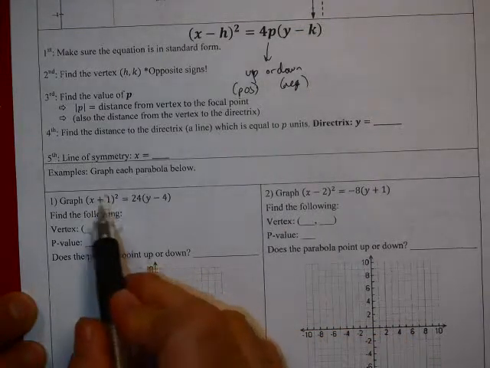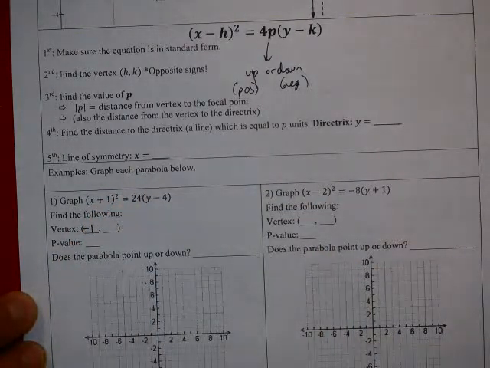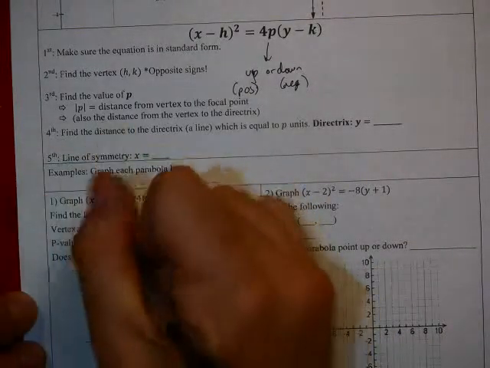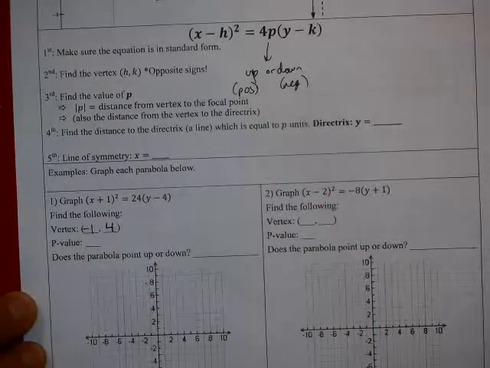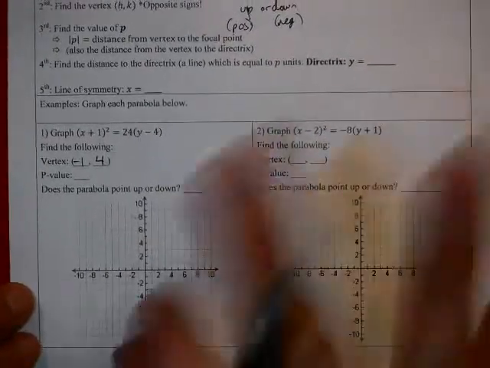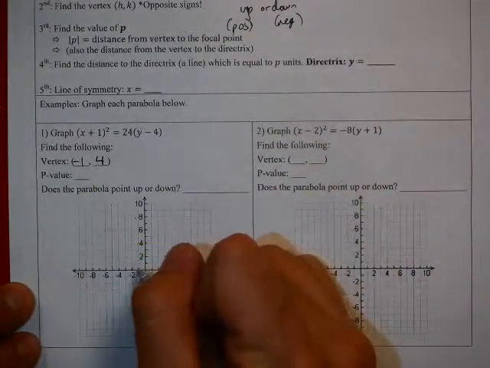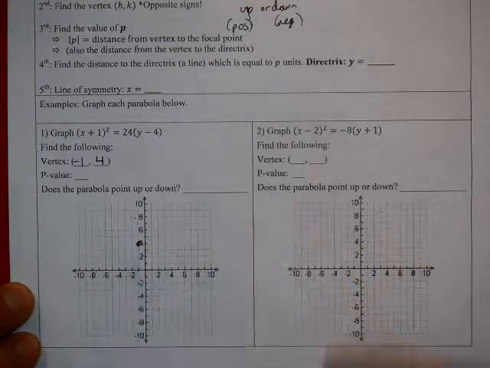We take this +1, we change the sign, -1. What's the y coordinate? 4. +4, opposite of the -4 gives you that +4. So now we're actually going to go ahead and start graphing it. We're just going to graph the vertex points. So we go to -1, left 1, 1, 2, 3, 4, up 4.